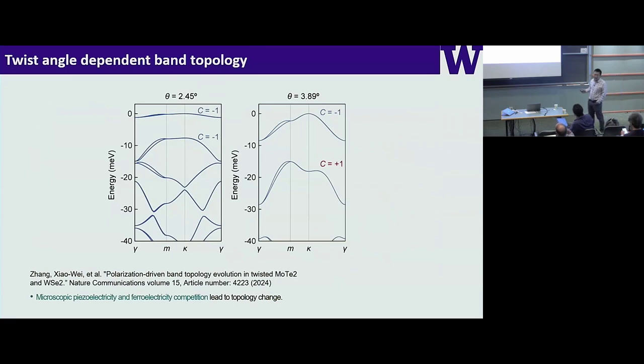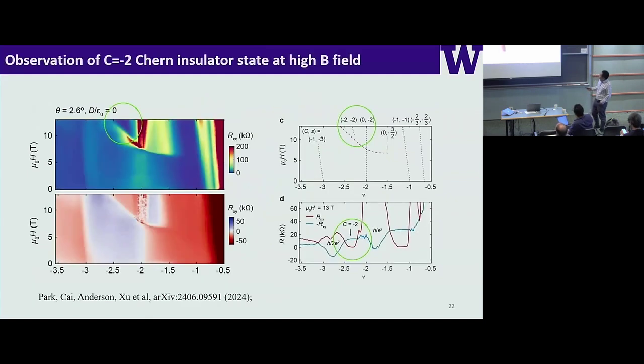We can further support this understanding by looking at this little corner near filling factor -2. At this little corner, you can see that at high magnetic field there are sharp phase transitions, highlighted by the sign change of RXY and also the change of the resistance.